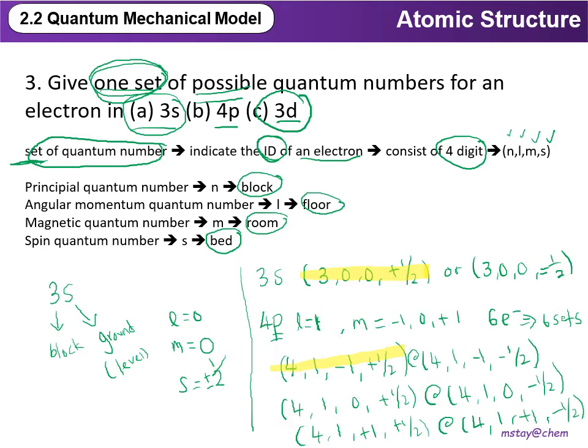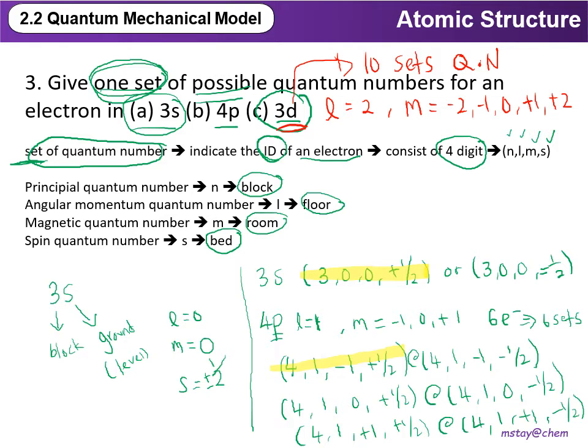For 3d, we have l equal to 2, so the possible m values are -2, -1, 0, +1, and +2. This means for 3d, I can write 10 sets of quantum numbers.